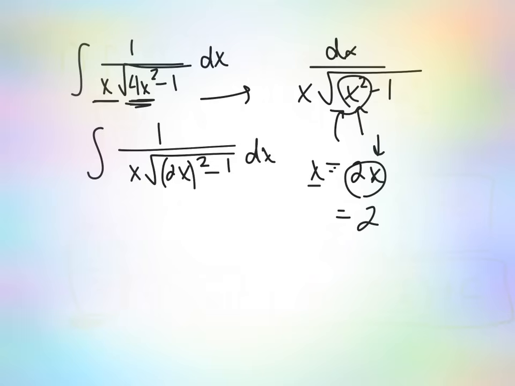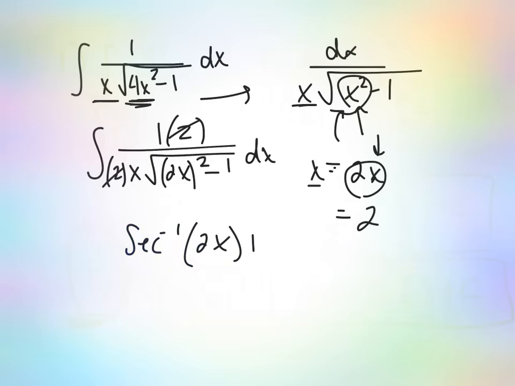Technically there's a ghost 2 here and a ghost 2 here, but we know that those would have canceled out. So you just write it as the inverse secant of 2x plus c, or alternatively arc secant 2x plus c.